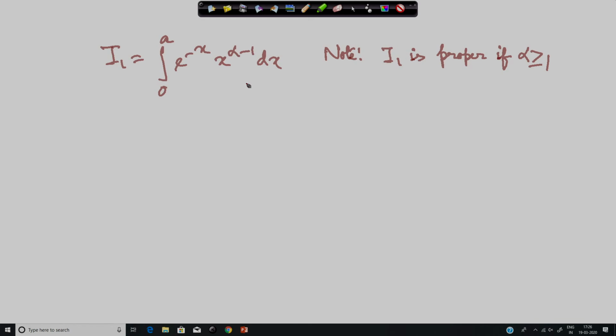But if alpha is greater than 1, then also the power of x will be positive, and then it will become proper. Thus, let us consider the case when alpha is less than 1. What will happen? So, in that case, to discuss convergence of I1.